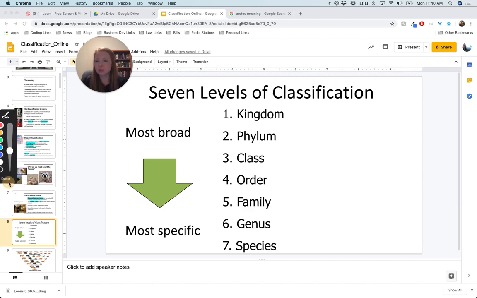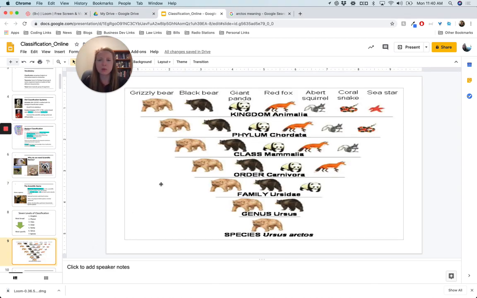So let's look at another example. Here, we're going to take a look at the grizzly bear, and all the way from the kingdom that it's in until its specific species. So kingdom is Animalia. That includes all of the animals, all of them. Phylum.